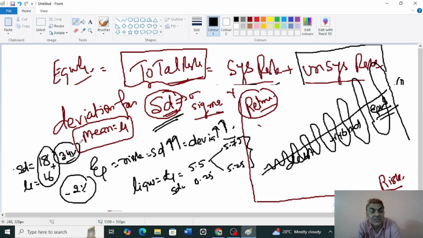All these narratives are explained in terms of a standard normal distribution curve. So total risk is a very fantastic measurement. It measures the deviation in the price of your underlying. Remember this sentence. When price goes up and comes down from the mean, we measure this deviation.